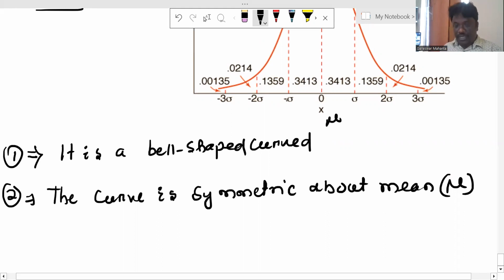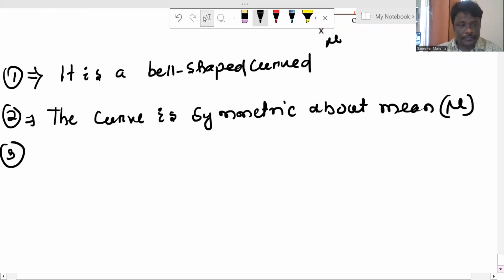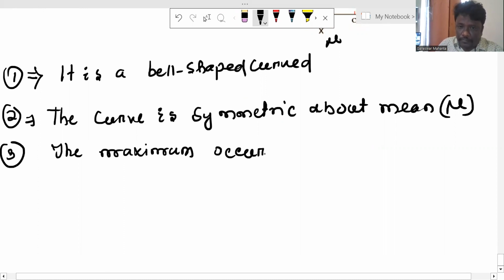The maximum value occurs at the mean, that is mu.